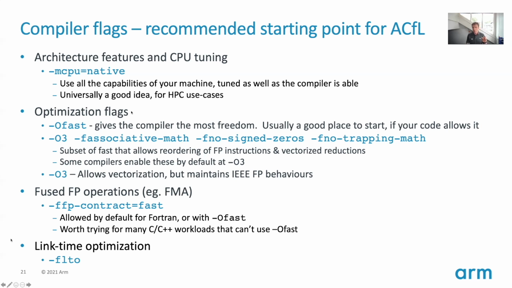Then, okay, so you want to choose one of those 3, and then you want to consider, in addition, giving this flag, which is minus F, FP contract equals fast. What that says is you allow floating point contractions, which means you allow the compiler to take pairs of floating point operations, such as multiply 2 numbers together, then add them to a third, and contract them into a single instruction.